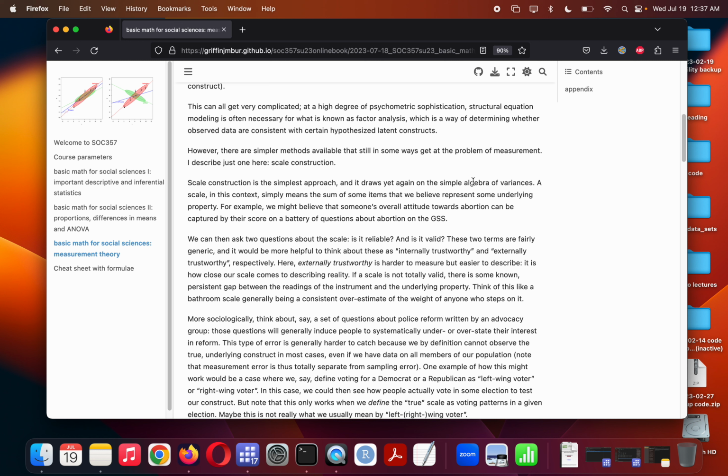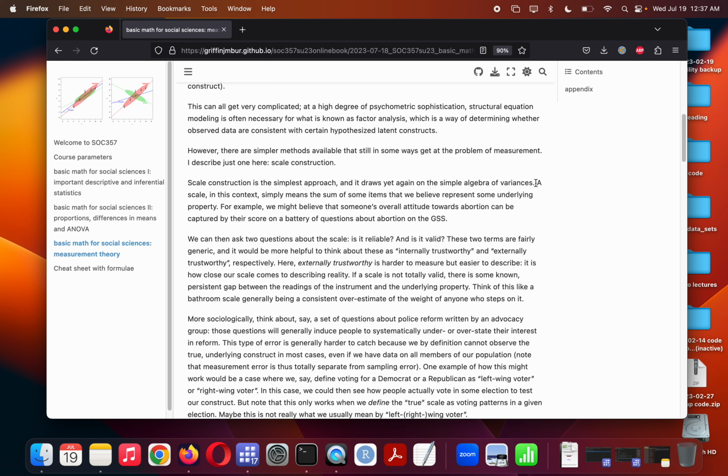It draws again on the simple algebra of variances, although I'm not going to describe the mathematical detail. It's in the appendix here. You can just know that fortunately the math here, although it's quite beautiful, is also fairly simple, and it's also pretty easy to describe non-mathematically.